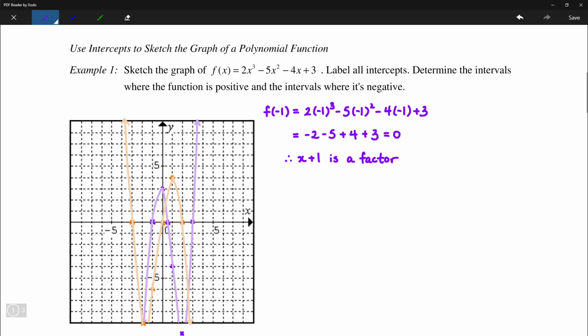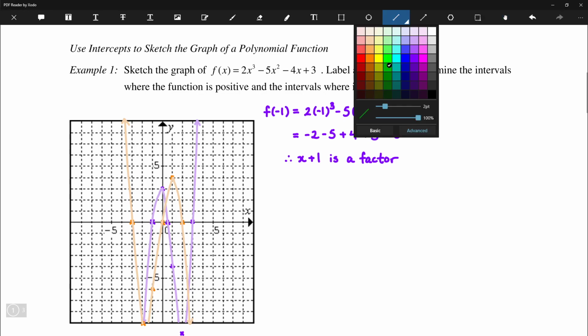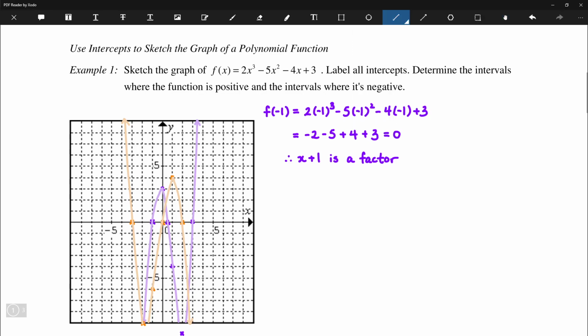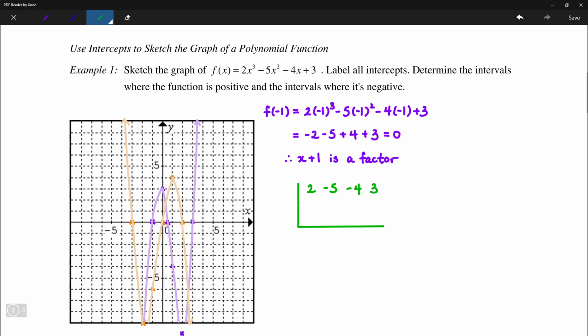of f of x. So next step then, what we can do is use synthetic division to divide f of x by x plus 1. So the setup looks like this. The coefficients were 2, -5, -4, and positive 3.